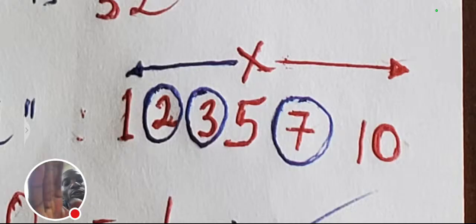Right from 1 to the 5, we are going to get 2 as a prime number, 3 as a prime number. The 5 that we stand on is a prime, and then we get 7 as a prime. So we have 4 primes from 1 to 10.